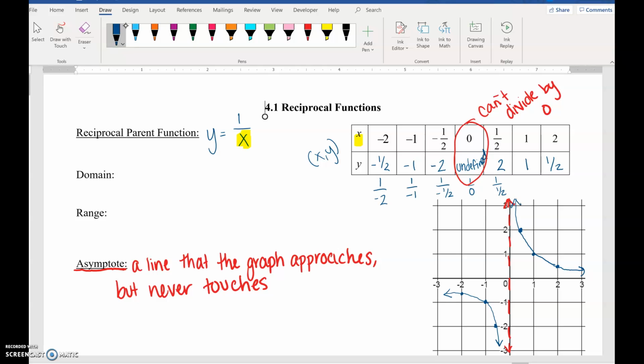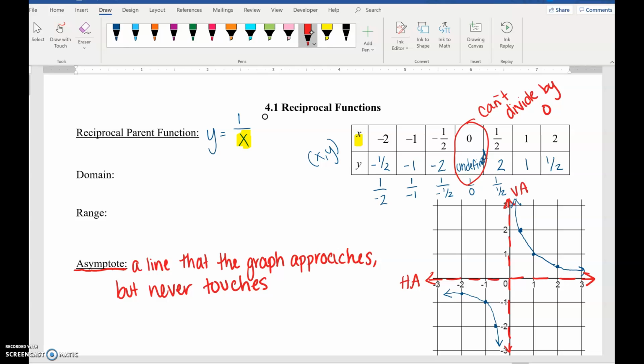So we actually have another asymptote on here that we didn't see when we were looking at the table, but if we think about it, any number we plug in for x is just going to get smaller and smaller, but it's never going to actually equal 0. So we actually have a horizontal and a vertical asymptote on this graph. This would be the horizontal asymptote, and this is the vertical asymptote.